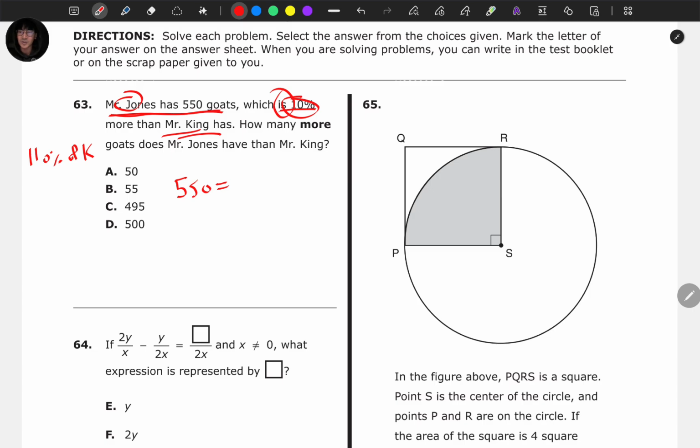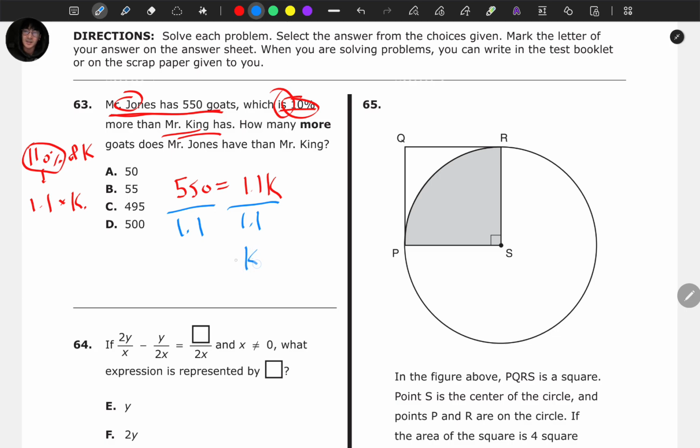And this question is testing your knowledge on converting percents into decimals. So 110% is equivalent to 1.1, right, of means times. So it's 1.1 times K. So 550 is equal to 1.1 K, right? And now we can use this equation to solve for K. Divide both sides by 1.1, divide both sides, right? So it's 1.1 here.